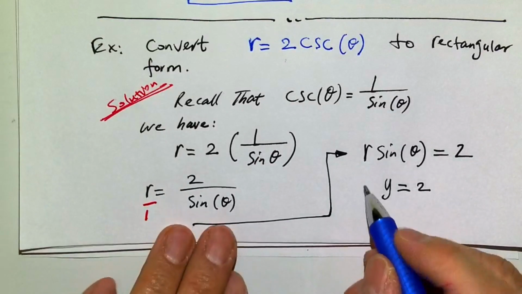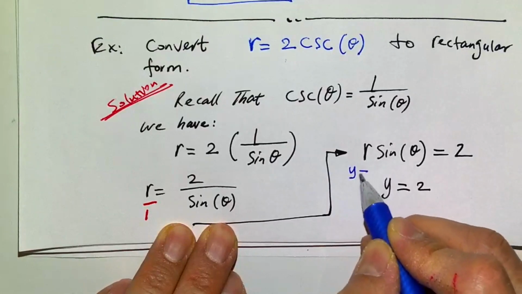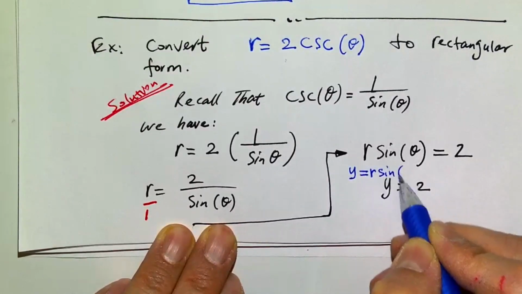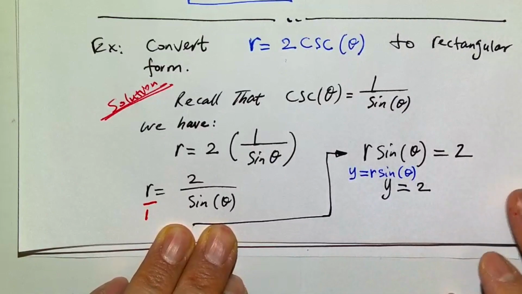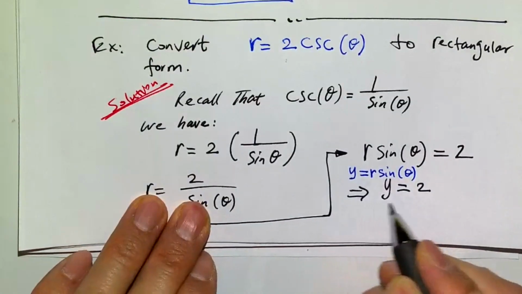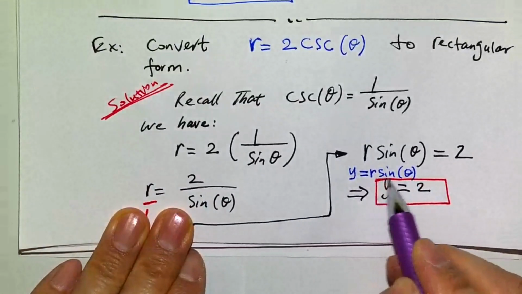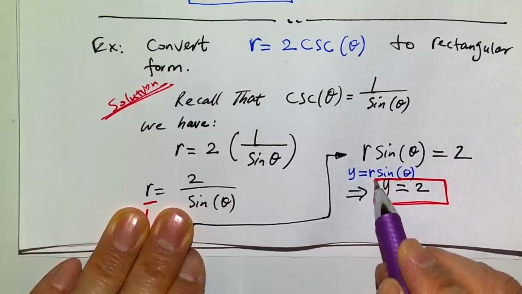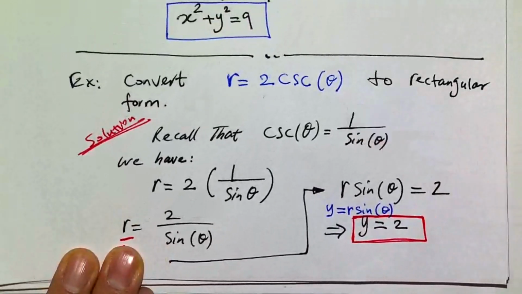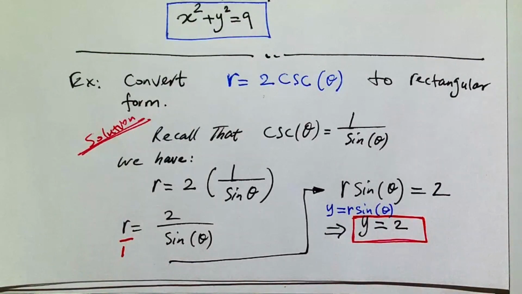Because we know that y equals r sine theta, I'll just add that in. So therefore, y equals 2. So the rectangular form of that polar equation is a horizontal line going through y equals 2. Okay, so that's that.